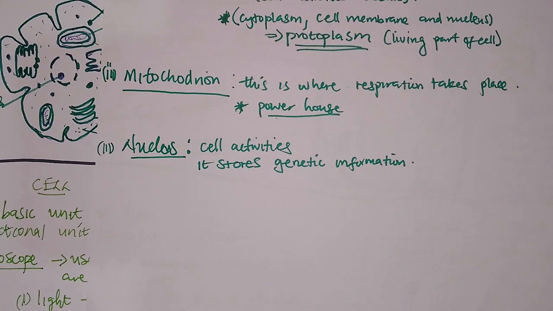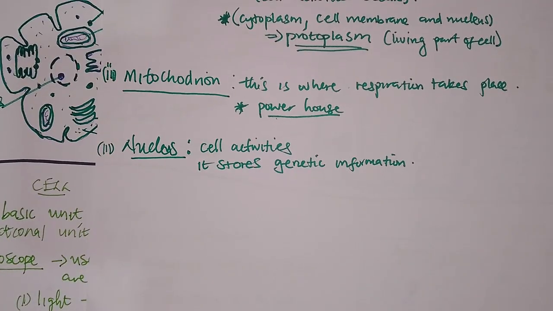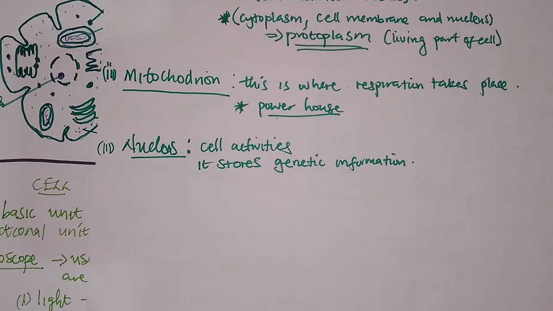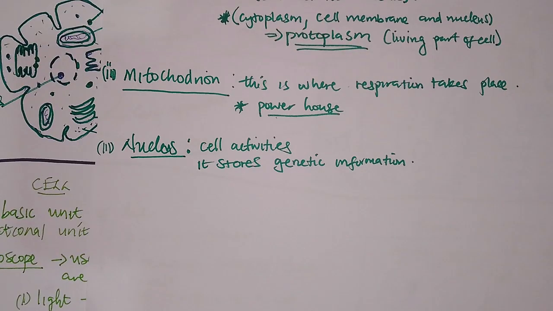So we have discussed four structures of a cell. Yeah. So there are a lot of structures which we are going to discuss in this video. So you need to revise or rewatch this video so that you understand, because I know you won't understand everything just by watching one video.